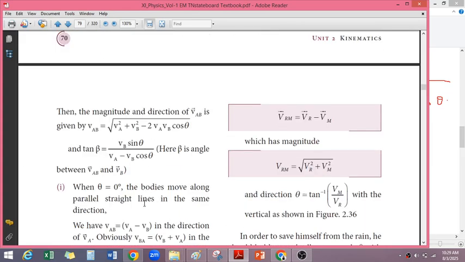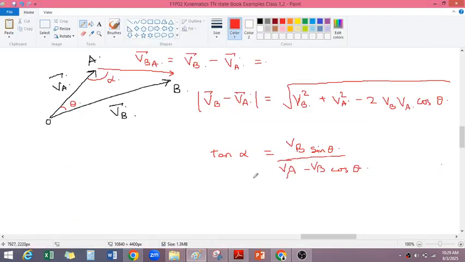It should actually be VA. Maybe the diagram is not shown properly. I thought alpha is the angle between A and this VBA. We will double check that. As we do some problems, probably we will get an idea.